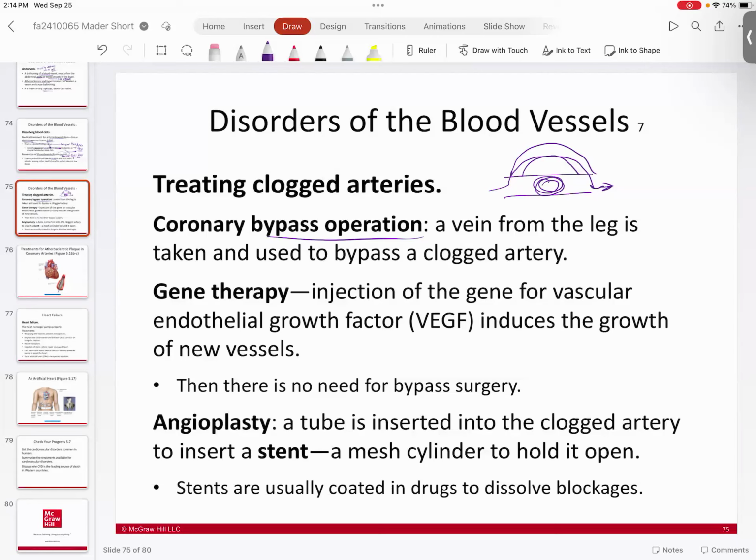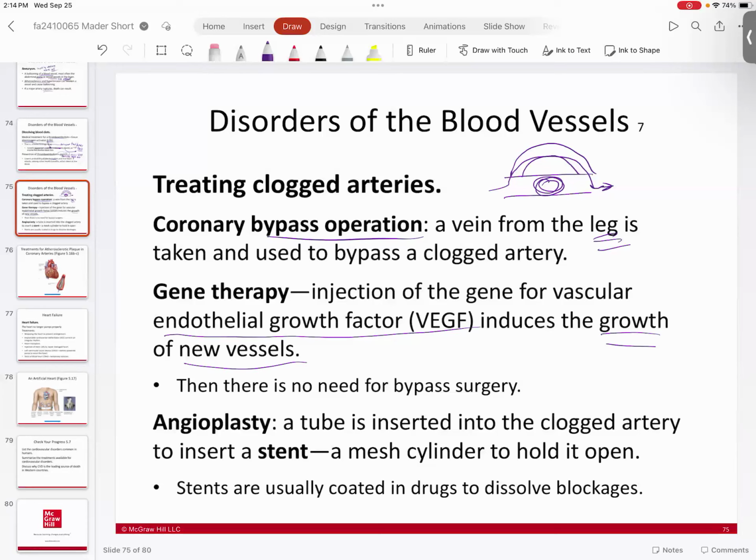You oftentimes will use a vein from your leg. You can also use veins from other sources as well, but mostly you'll use a vein from your own leg. There is gene therapy, which is a little less common. For instance, you can inject what's called an endothelial growth factor for vascular structure. This stimulates your body to grow new vessels, and that can keep you from needing the bypass surgery.